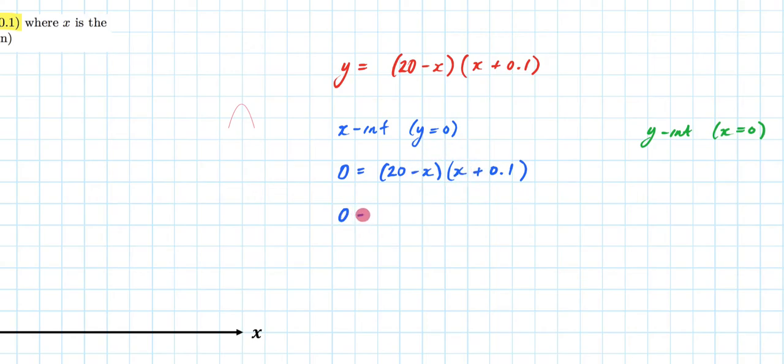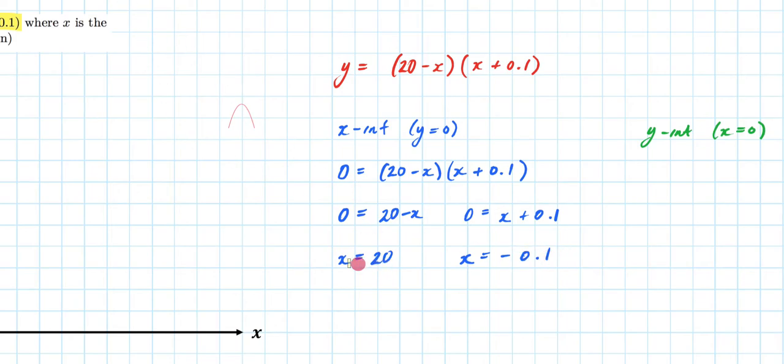So I'm going to have 0 equals 20 minus x. I can then take x to my other side and be left with x equals 20. Then over here, I will have 0 equals x plus 0.1. I can take my x over to the other side, which will make it negative, which eventually will mean that I'm going to be left with negative 0.1.